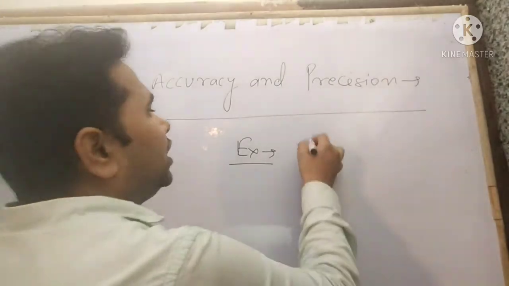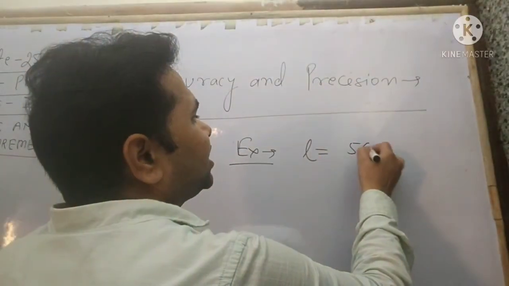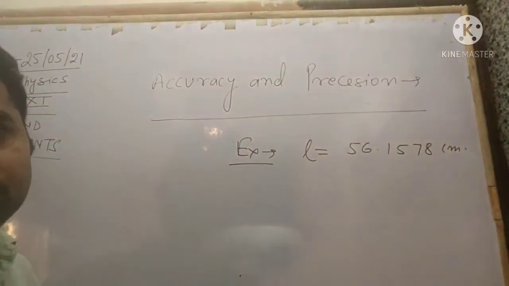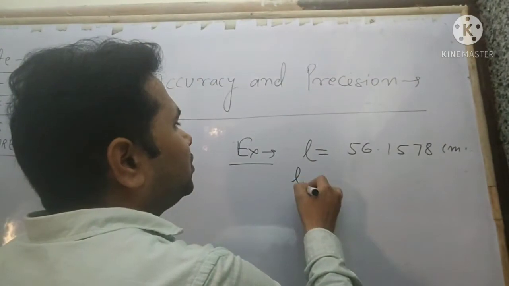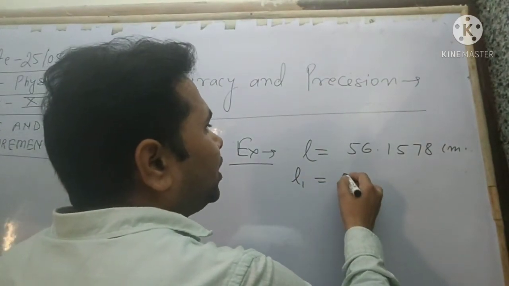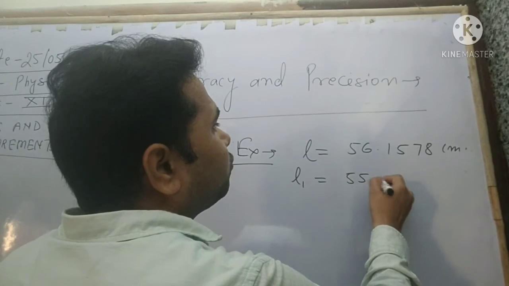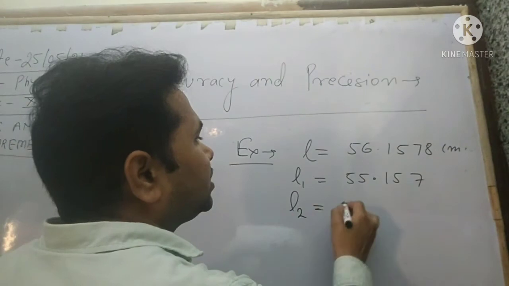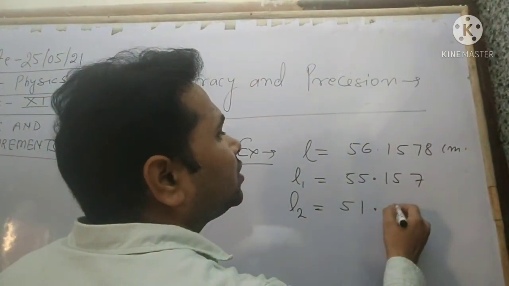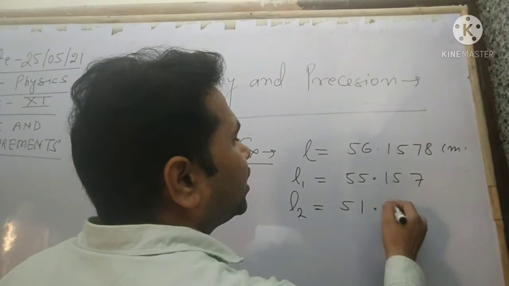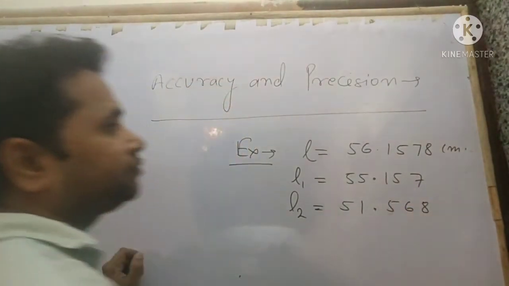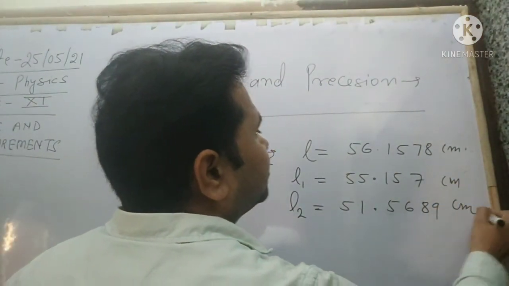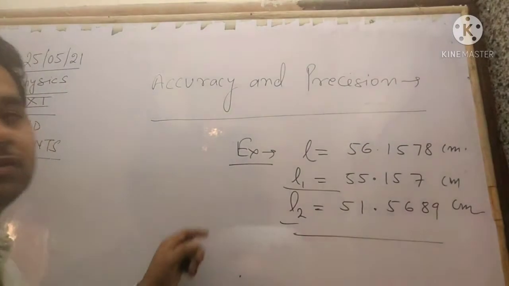Suppose the true value is L equals 56.1578 centimeter. This is our true value. Two observations are there: one is 55.157 and the second one is 51.5689.